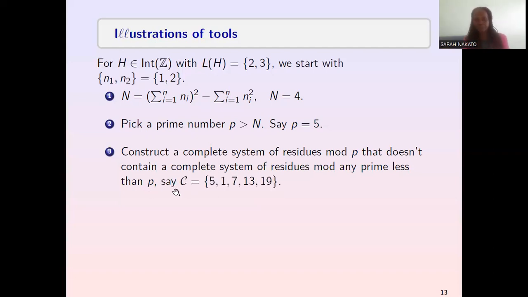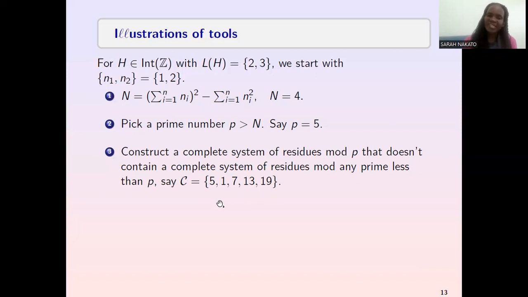What do I mean? The primes less than p are 2 and 3. We don't want a complete system of residues there, whereas we want a complete system of residues mod 5. In other words, we want every residue class of C mod 5C to be represented. And indeed, this is representing the 0 residue class, this is representing 1, this is representing 2, this is representing 4, and this is representing the remaining class.